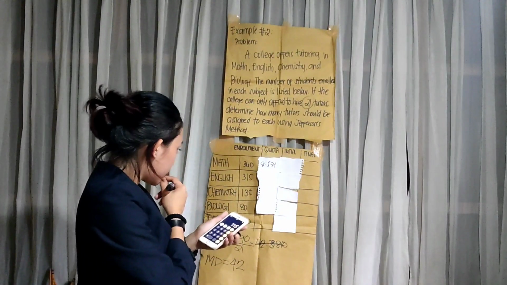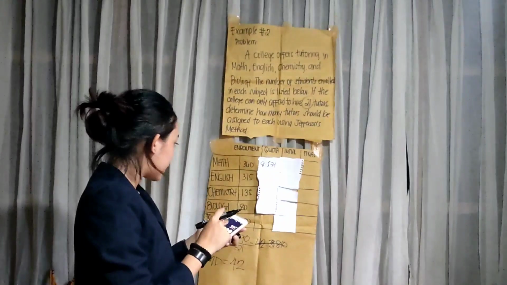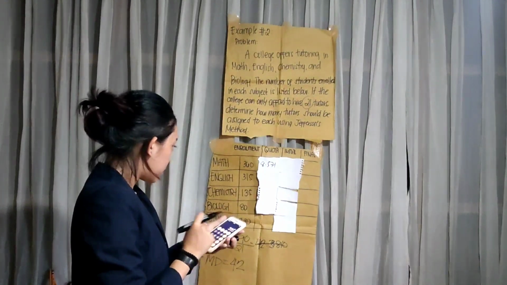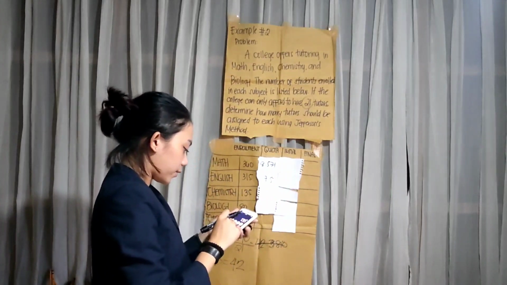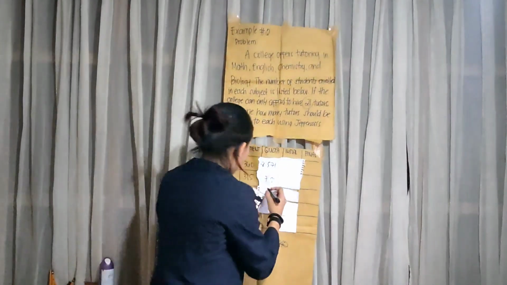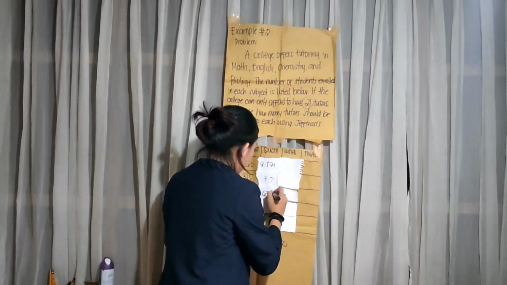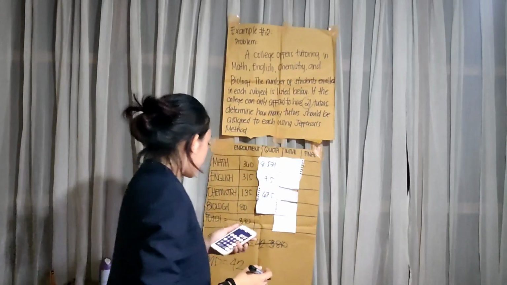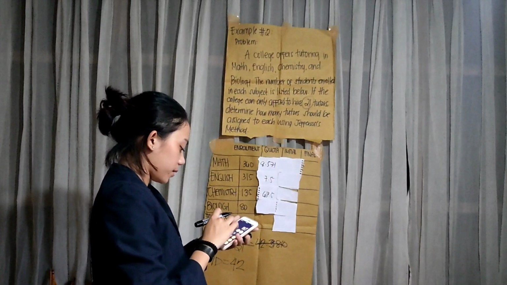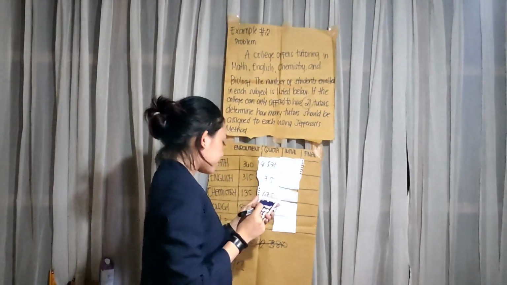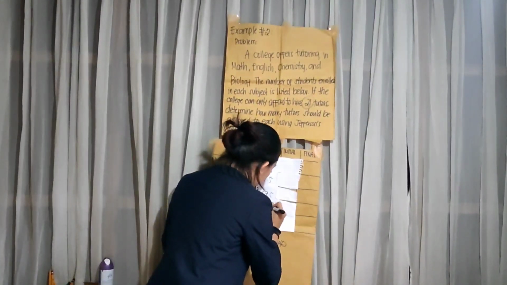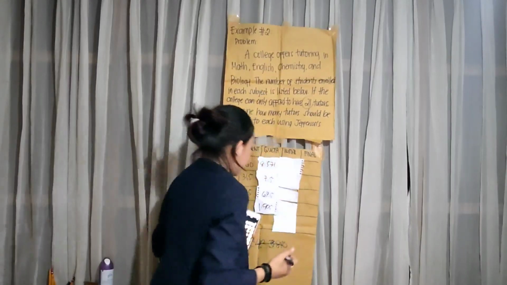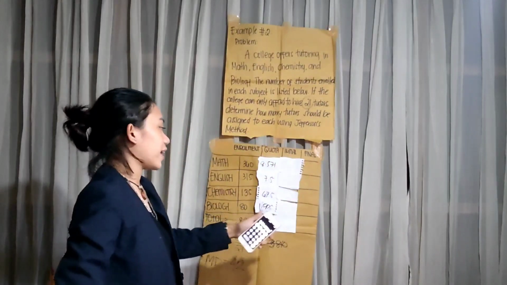315 divided by 42 is 7.5. 135 divided by 42 is 3.214. 80 divided by 42 is 1.905.